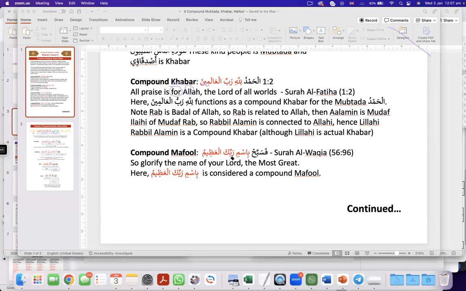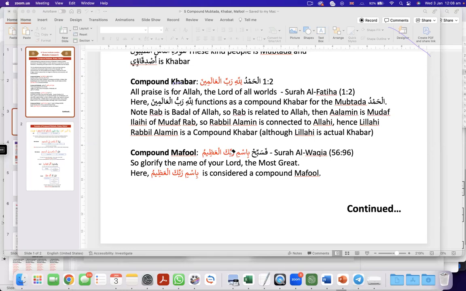You've got a mudaf chain here. Is this mudaf chain separable? In the same way as we said before, they are not separable. They are all one fragment now. Harf jar, ism majrur, ism jar majrur. Rab is mudaf ilayhi of that. Ka is mudaf ilayhi of Rab, which is also a mudaf here.